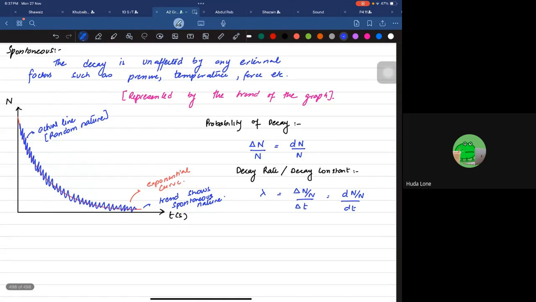The definition is that the decay rate or decay constant is the probability of disintegration per unit time.